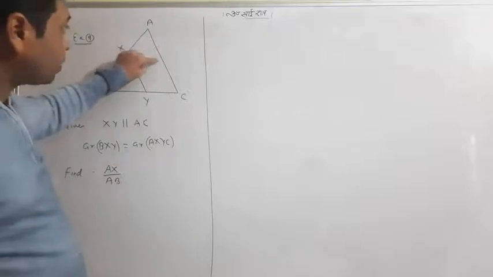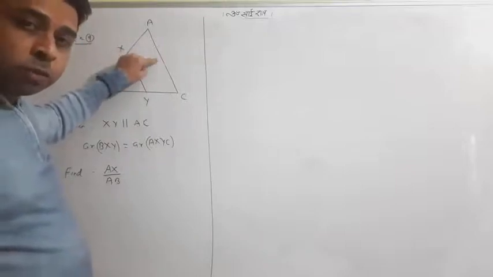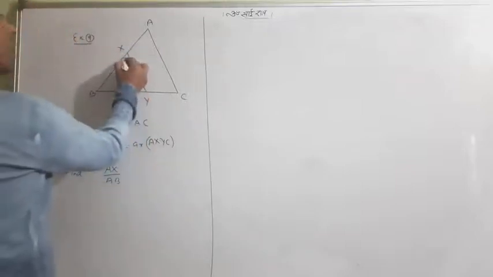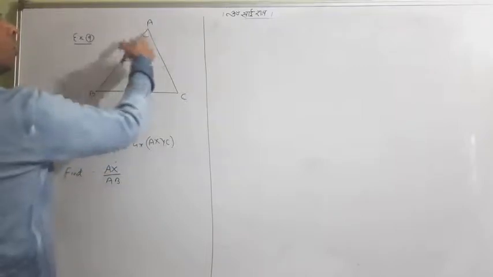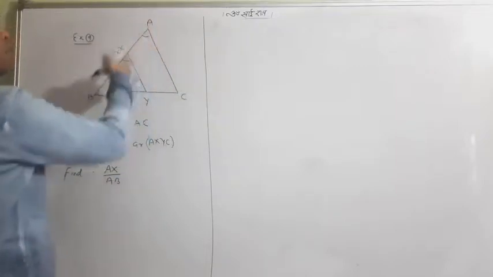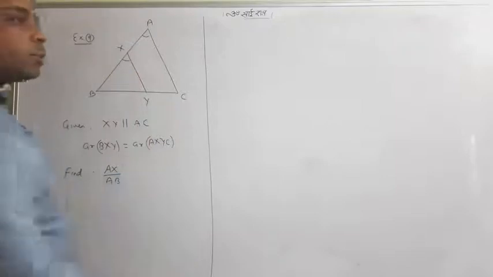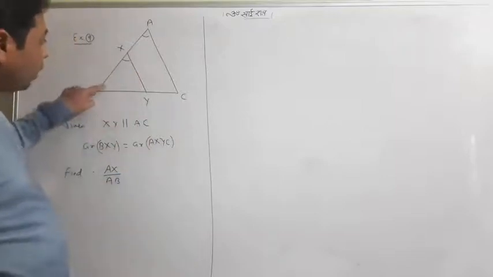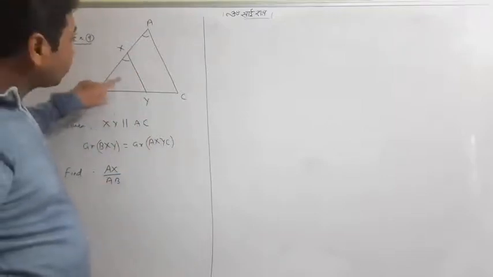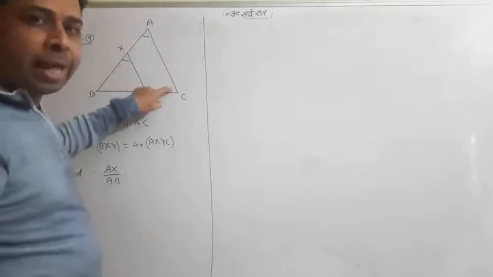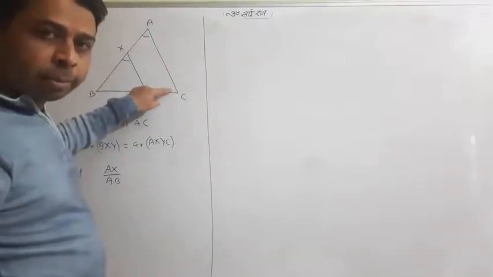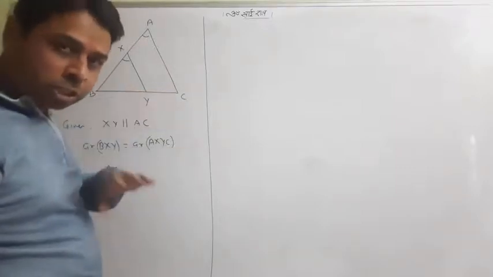Because these two lines are parallel. If these two lines are parallel, then AB works as a transversal, and these two are corresponding angles. One angle is a common angle, and the third angle is also equal. So by angle similarity, both triangles are similar. So I'll start with this.